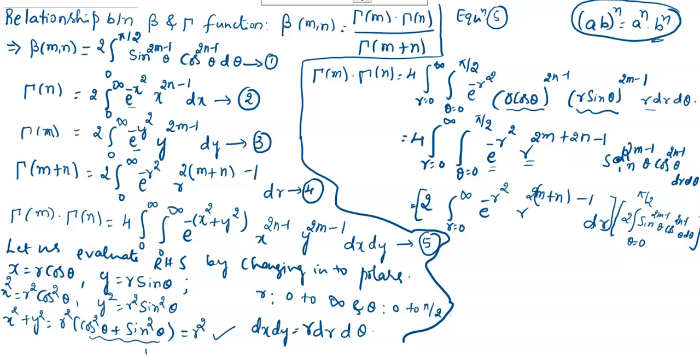Okay. So by using equation number 1 and also equation number 4, we can write the right hand side part, what we have in equation number 4, as gamma of m plus n. And in equation number 1, you can observe this term in the right hand side part, representing this integral as beta of m comma n.